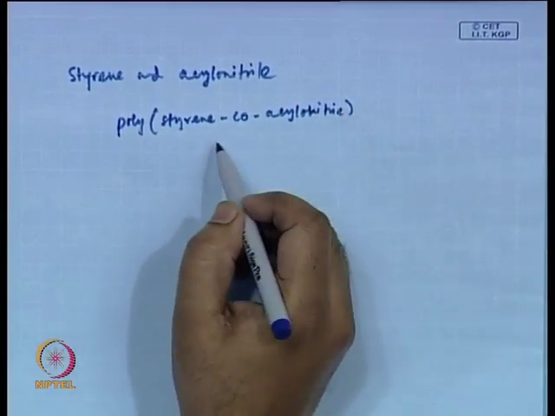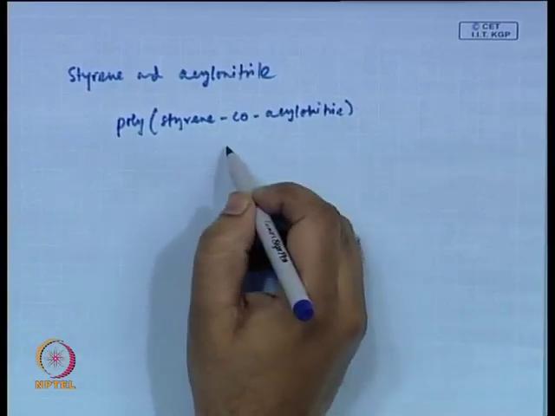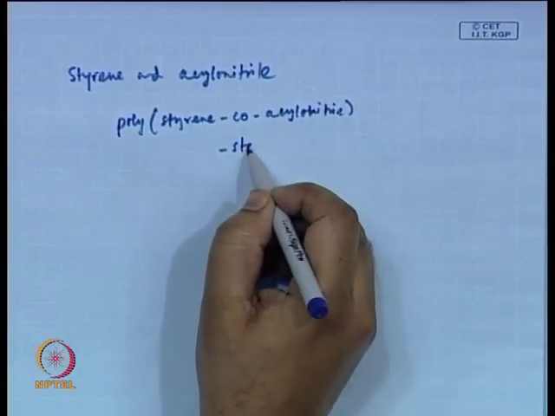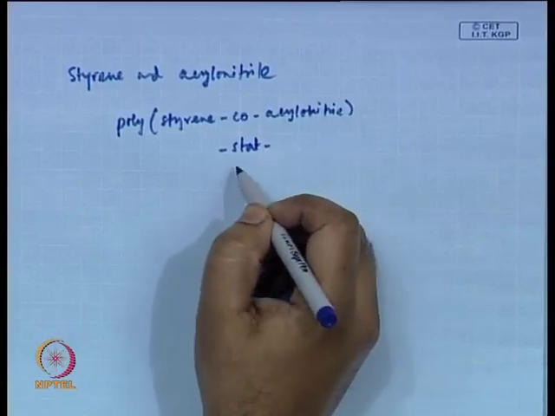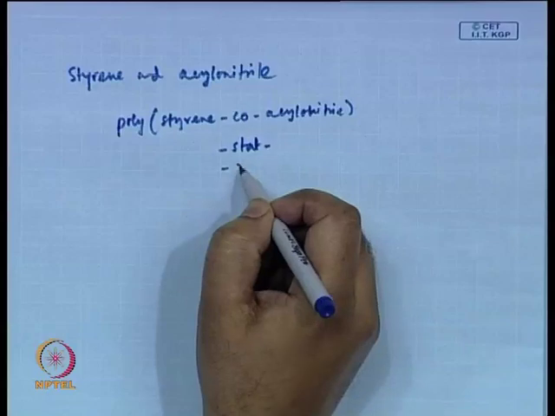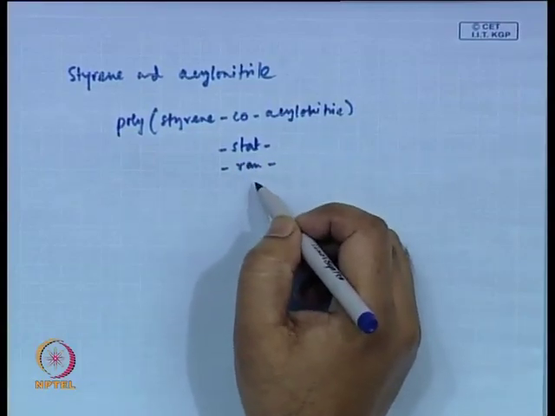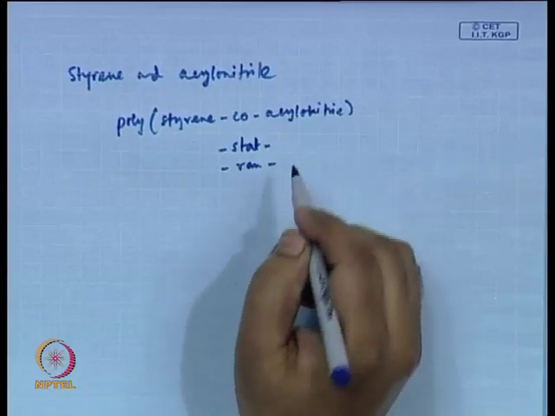If you know that this is a statistical copolymer, then instead of co we can write stat in between, and if you know that this statistical copolymer is a random copolymer, which we discussed in the last lecture, then we can write ran in between.